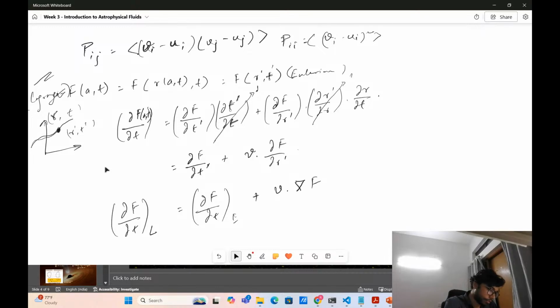Okay, so this is in the Eulerian frame. So that's the relation between the Lagrangian and the Eulerian frame.